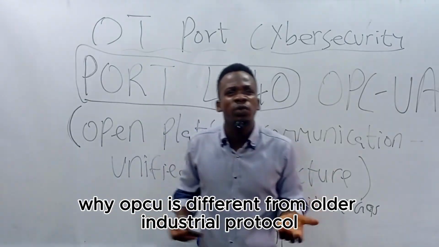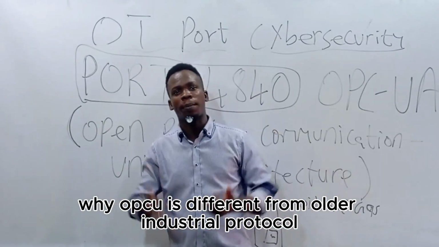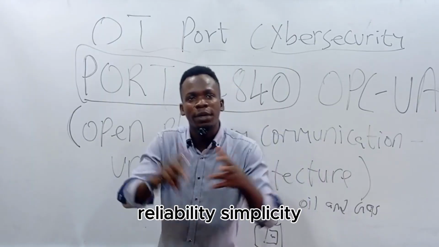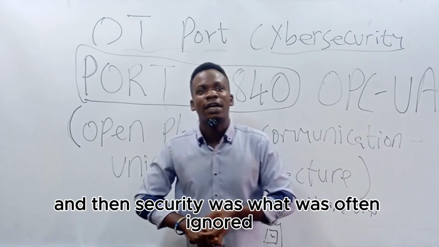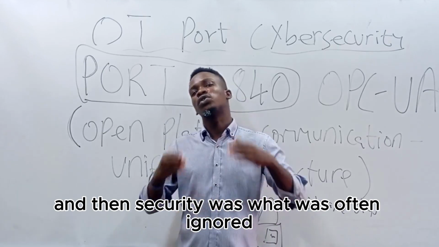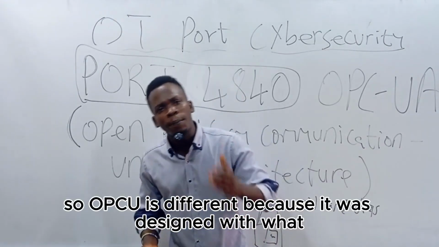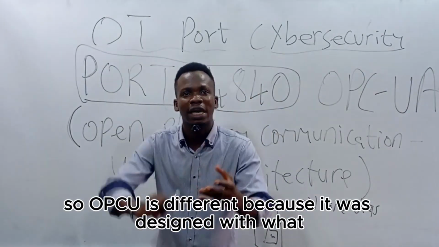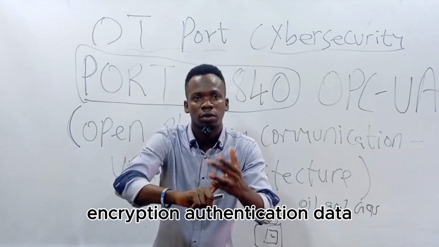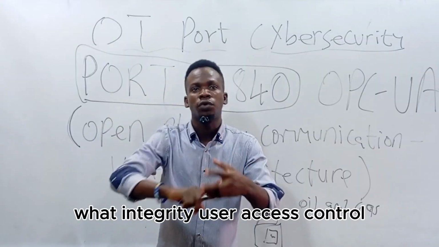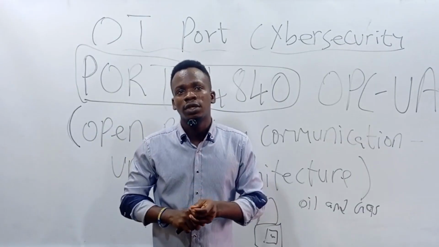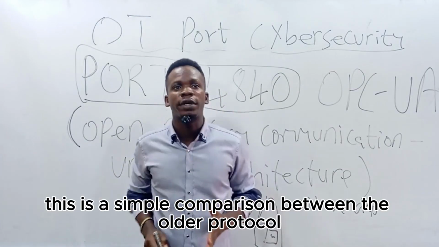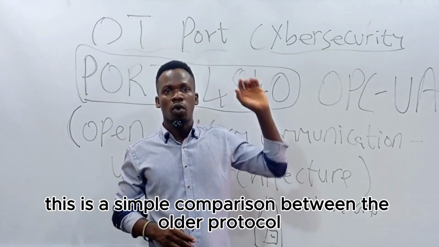So why is OPC UA different from other industrial protocols? Other protocols were designed mainly for speed, reliability, and simplicity, and security was often ignored. OPC UA is different because it was designed with encryption, authentication, data integrity, and user access control. Here is a simple comparison between the older protocols and OPC UA.